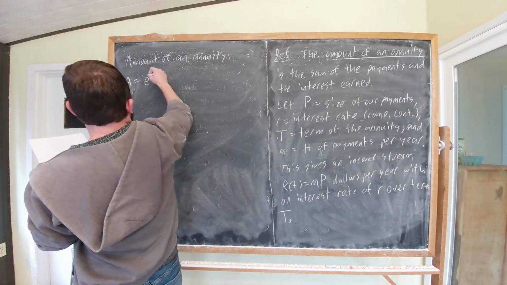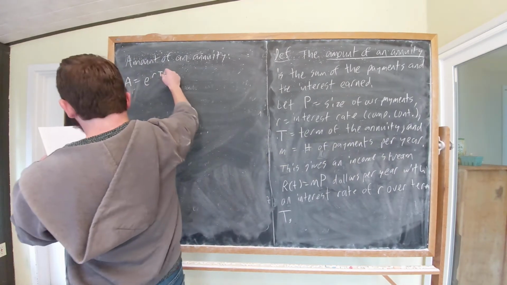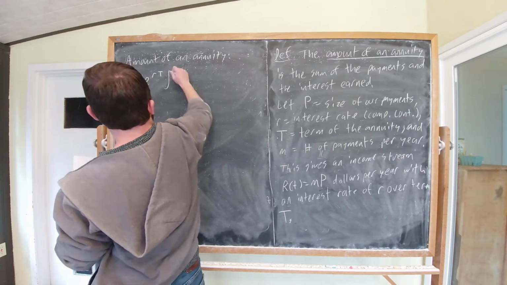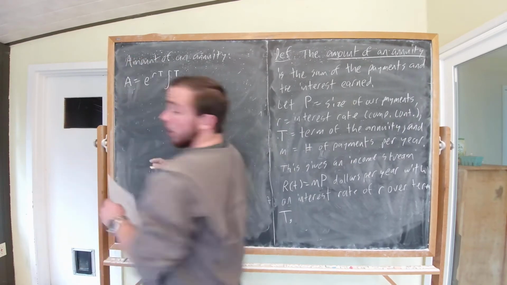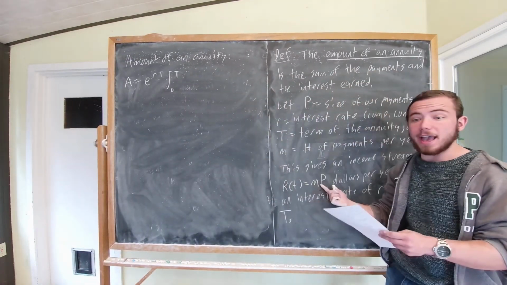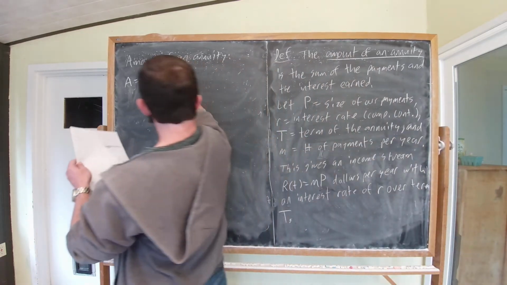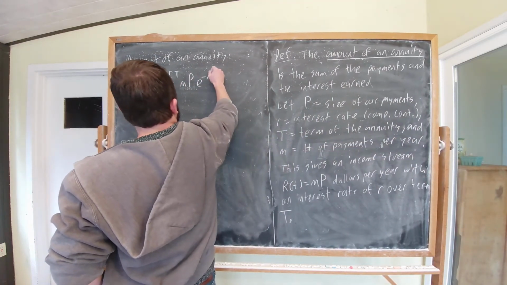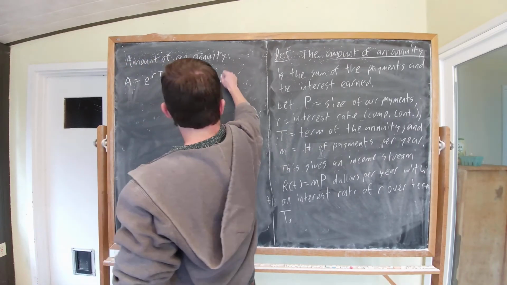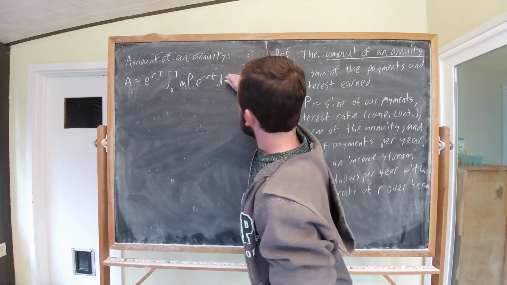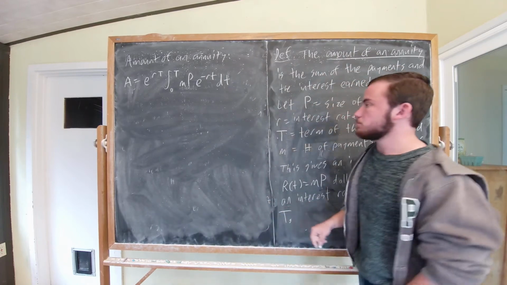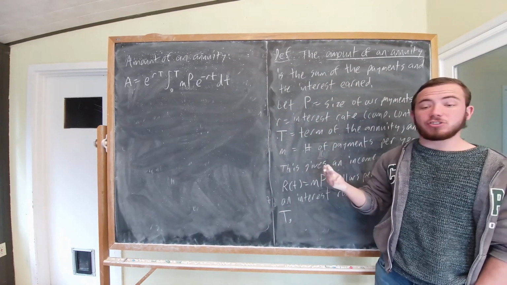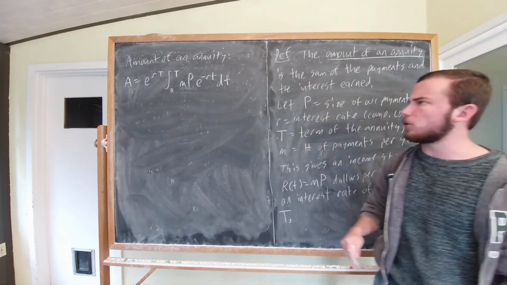So it's equal to e to the r times capital T times the integral from 0 to T of our R of t, which is m times P, e to the negative r little t dt. Sweet. And now we can just start working from here. I'll put in full gory detail.